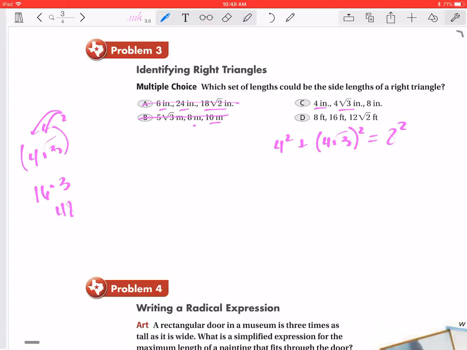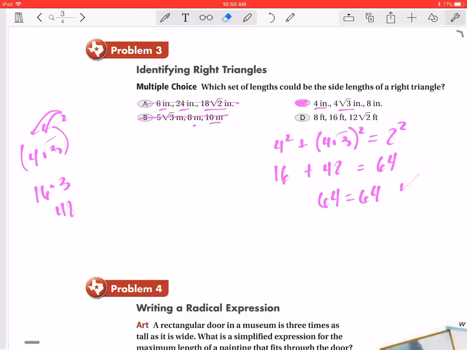So just so you know, if you don't have a calculator, you can still solve these. And 4 squared is going to give us 16. 8 squared is 64. So 48 plus 16 gives us 64. 64 is equal to 64. That is a right triangle. That does work for a triangle.